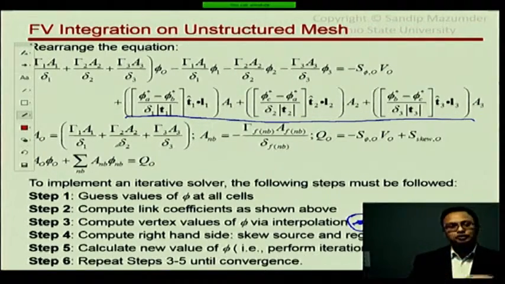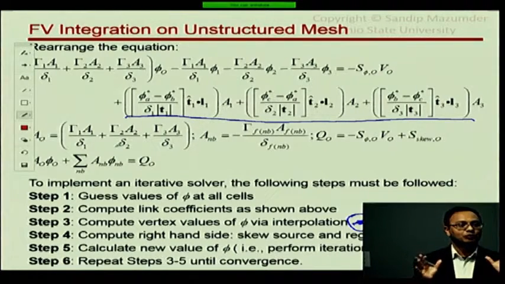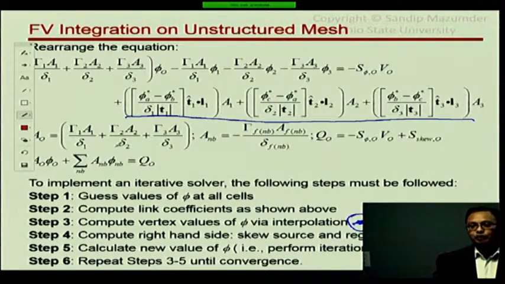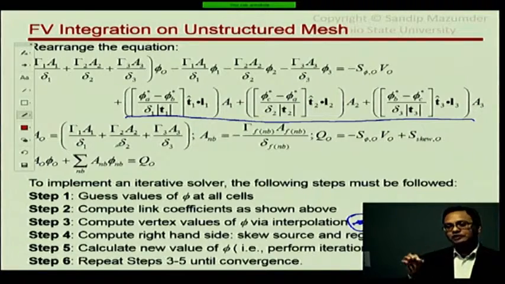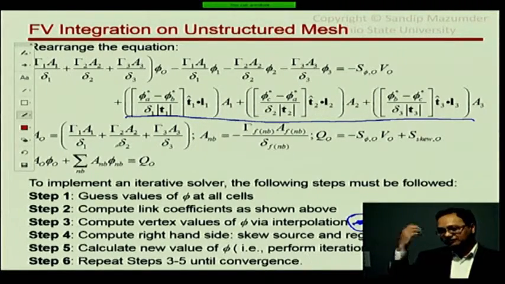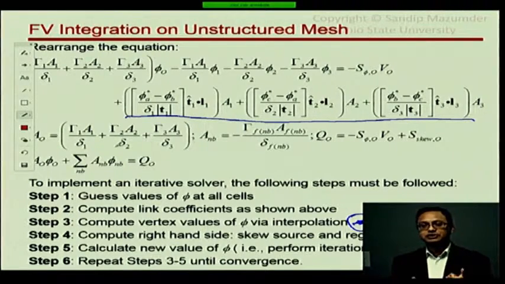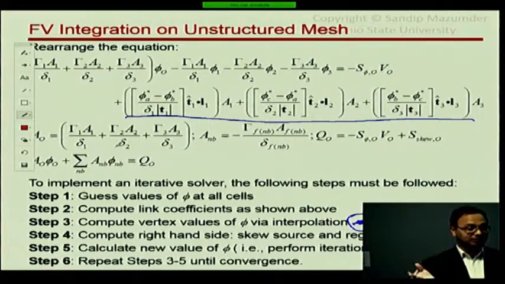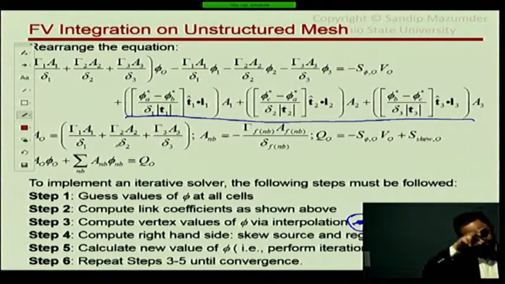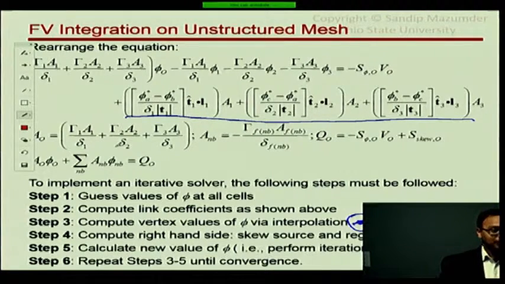I shouldn't have to write separate code for each one. It should be modular such that I just feed in any cell-based data structure, it gives me back vertex values. There will be some exceptions because u may have a different set of boundary conditions than v. So when you visit the boundaries, things may change depending on the variable for which you are doing the interpolation. But for the interior cells, there should be no difference.